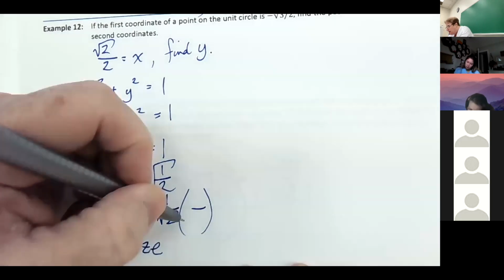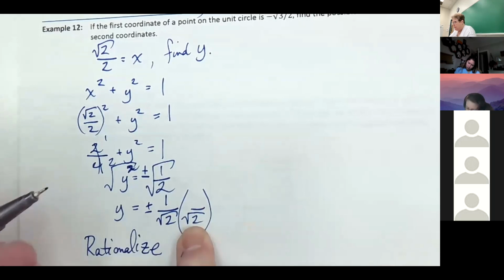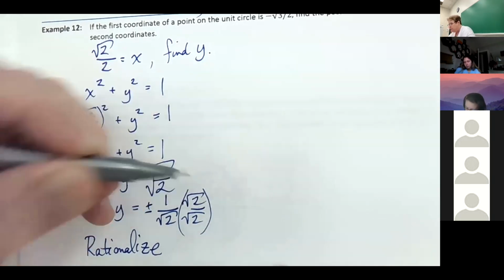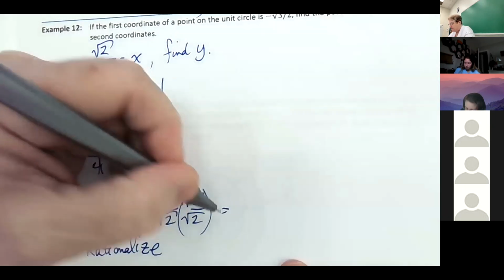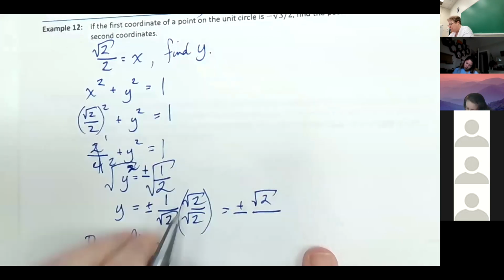So we're going to multiply by square root of 2 because square root of 2 times square root of 2 is 2. But whatever we do in the denominator, we have to do also in the numerator. So we get positive or negative square root of 2 over 2.